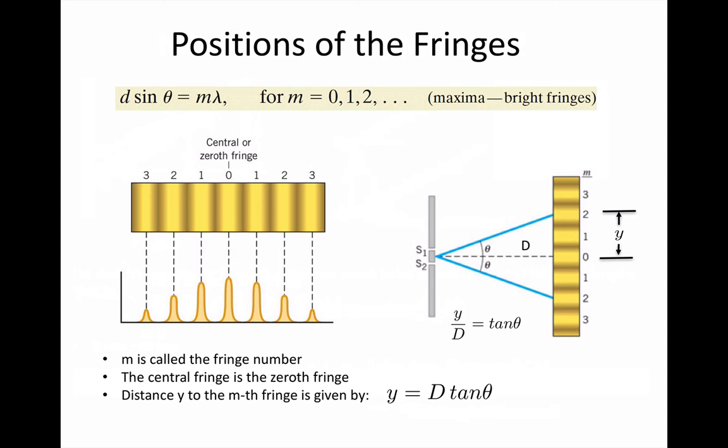And the ones either side of 0 we will call the first fringes, to the right and the left. Then we have m equals 2 on either side, and then m equals 3, and so on. So because y over D equals tan theta, then if we know the angle, then we can find the distance y to a particular fringe.